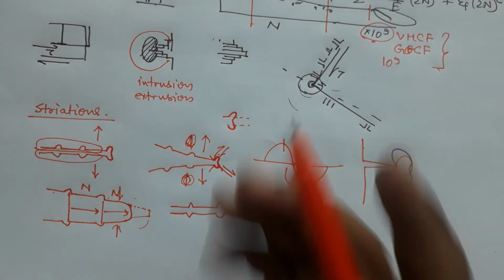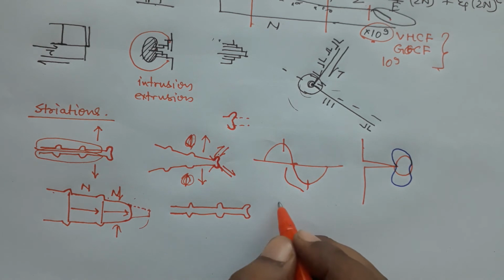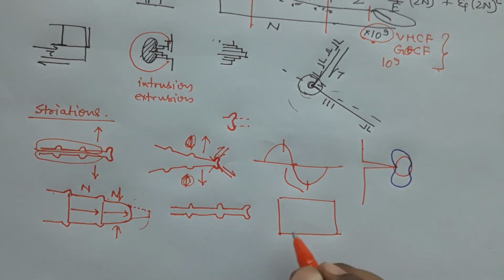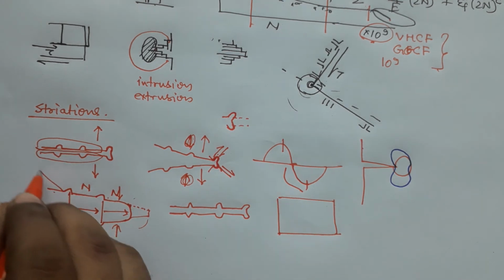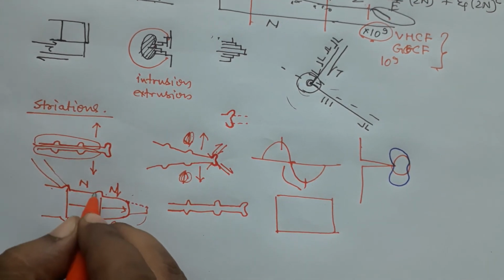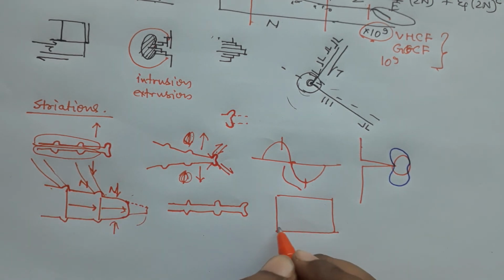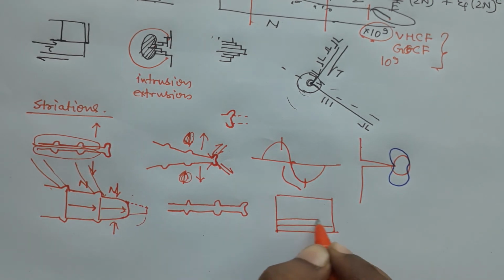Imagine this thing in 3 dimensions. If I have a microstructure like this and the crack has propagated, then these things in 3 dimensions will look like lines.